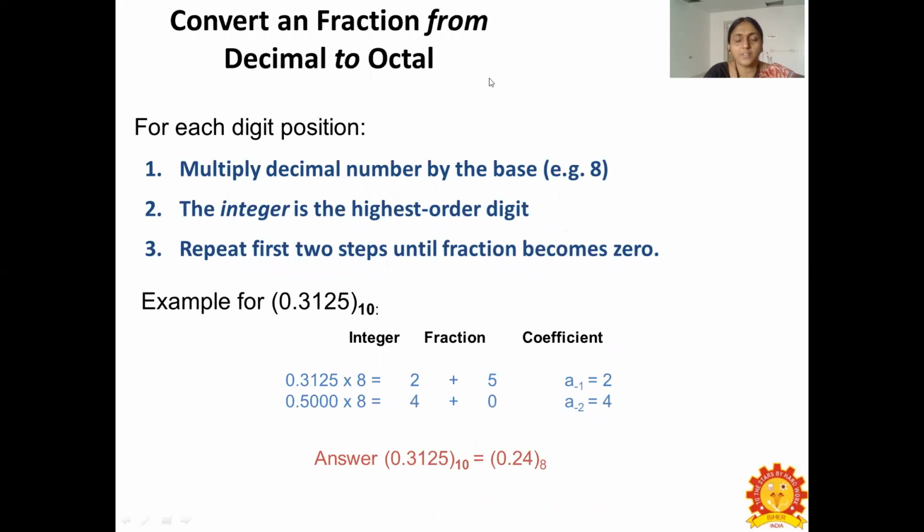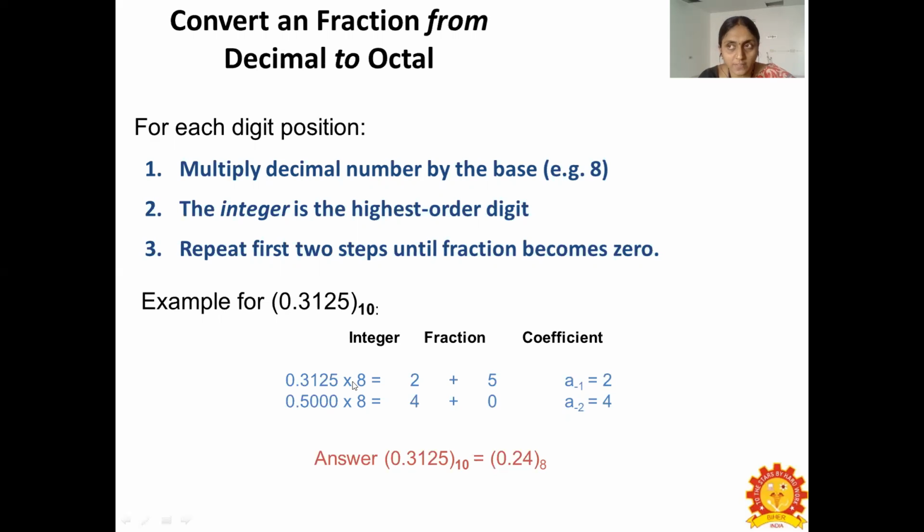And now we will see the conversion of a fraction value from decimal to octal. A fractional value is given, 0.3125 in base 10. That has to be multiplied by the octal base, which is 8.